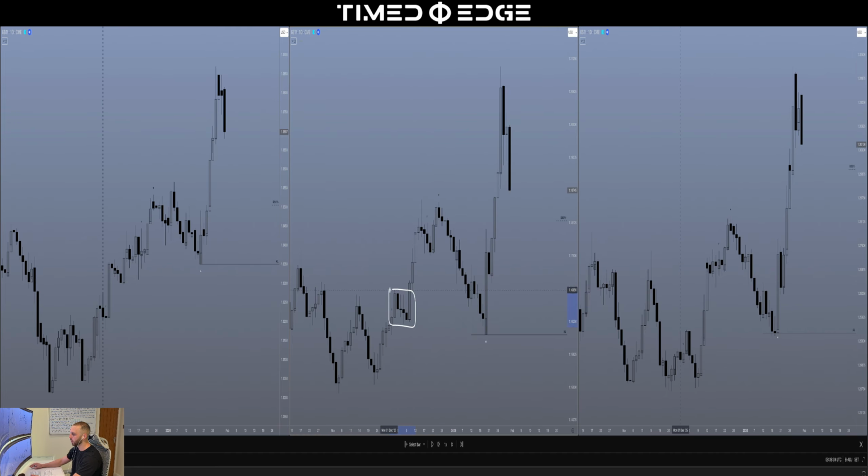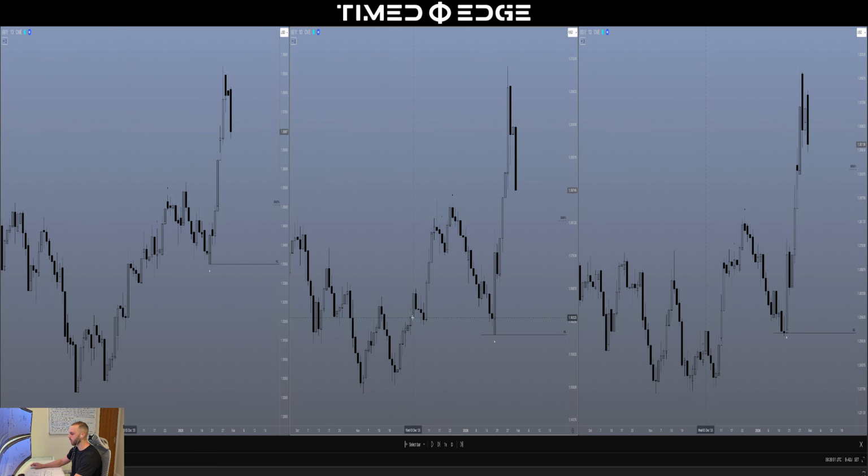You can see here we've got the breakout, and then you're expected 3 to 5 candles until you see a pullback. You can go back and backtest this. I've tested it myself. It gives you a clear idea of what the market's going to do and what to expect in the next bar.